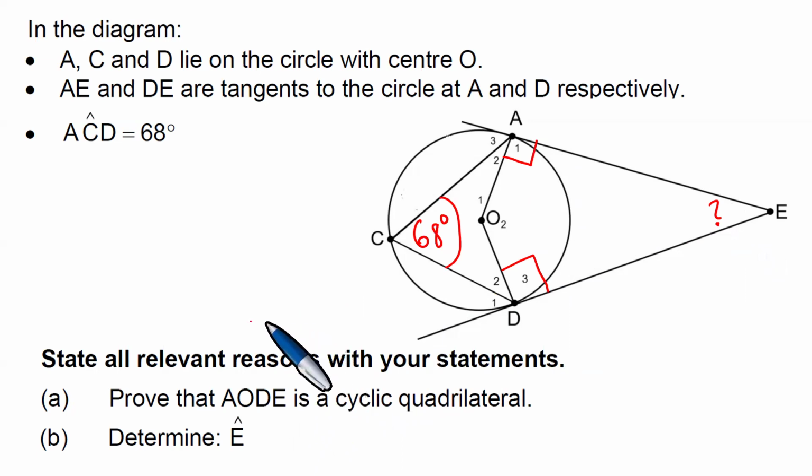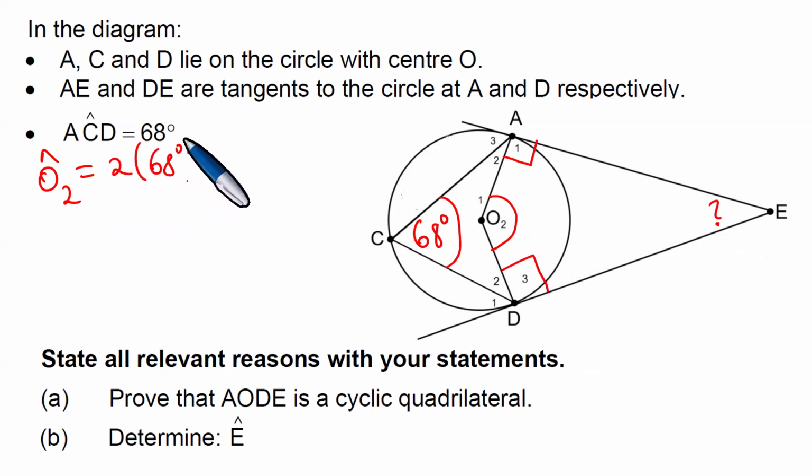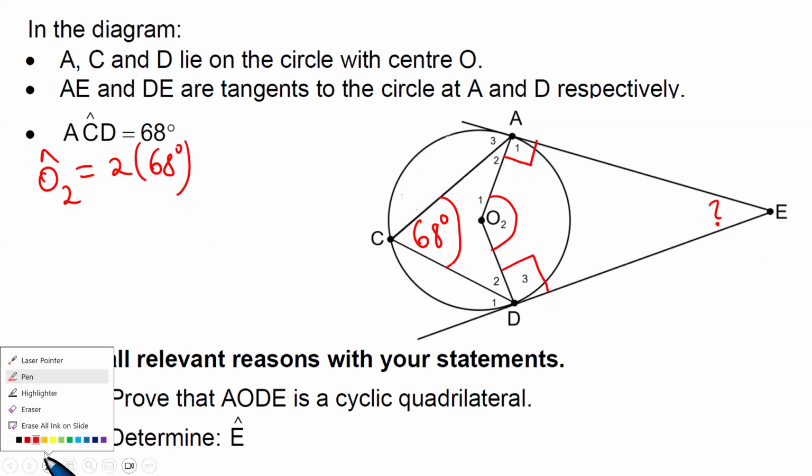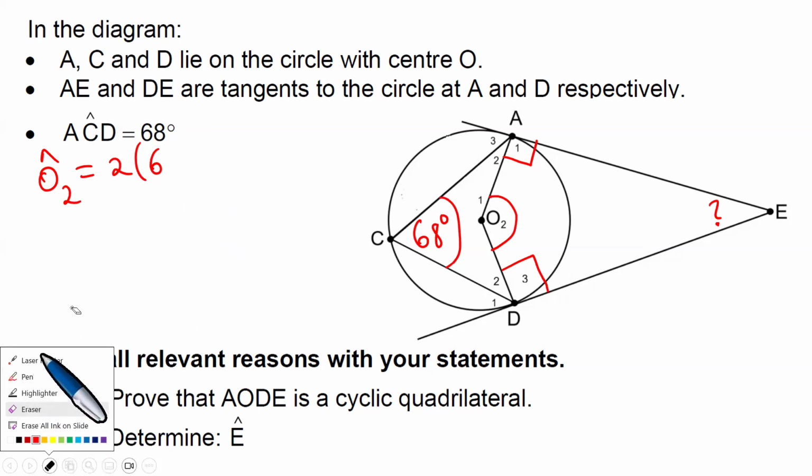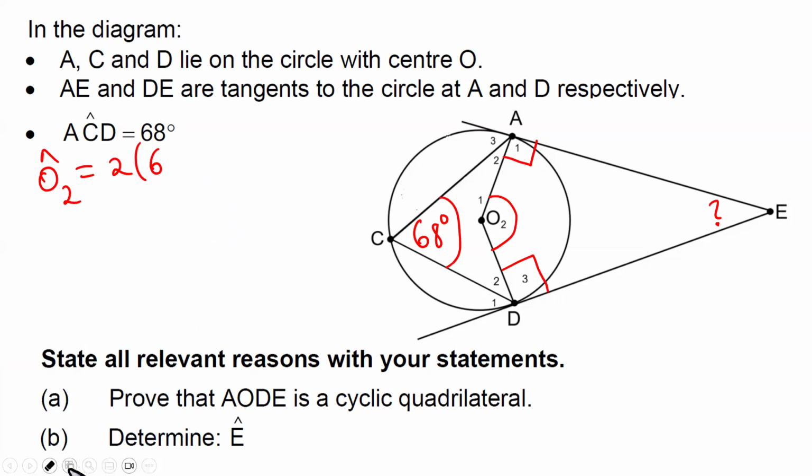First things first, we can find easily the size of the angle O2, and we realize that angle O2 is equal to 2 times 68 degrees.